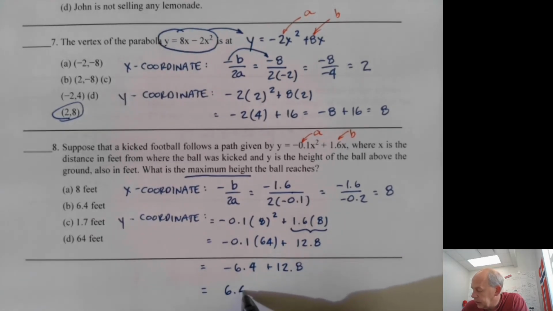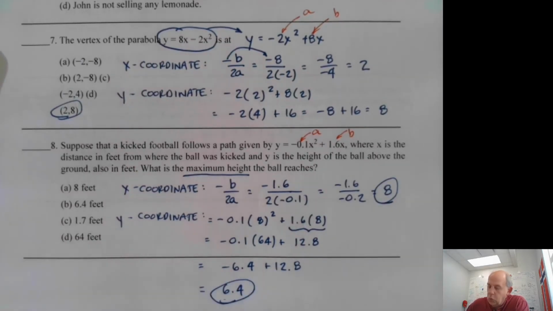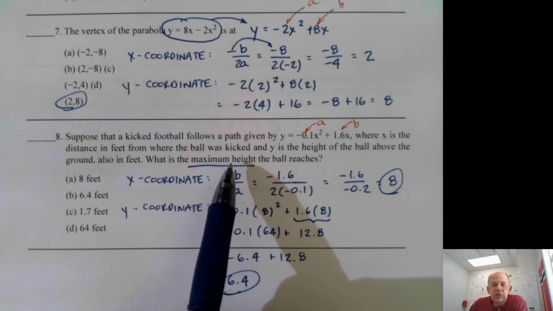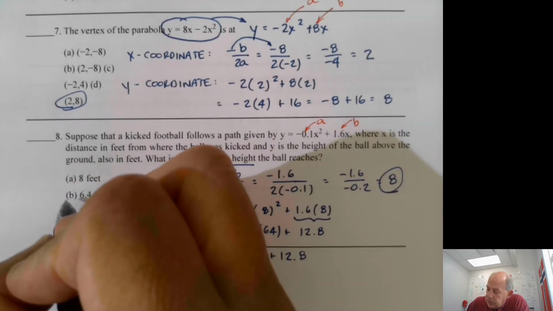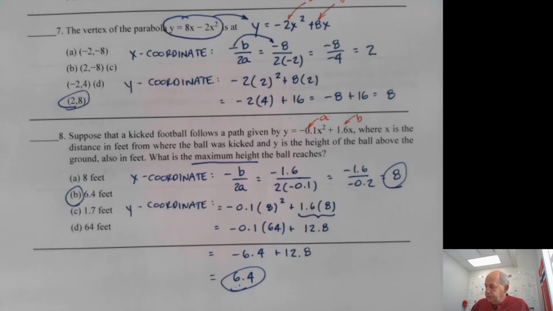That's going to give me 6.4. X coordinate, y coordinate. Now, to answer this question, the maximum height, the vertical distance from the ground to where the football reaches the maximum height, is going to be the y coordinate. This measures the distance along the ground. We're looking for the maximum height. My answer would be choice B.